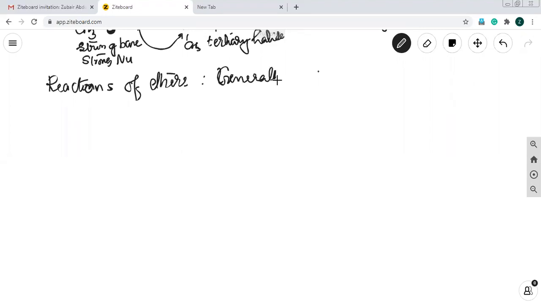And because of that, ethers are used as solvents in many reactions.